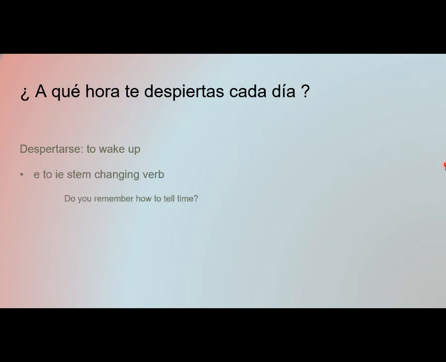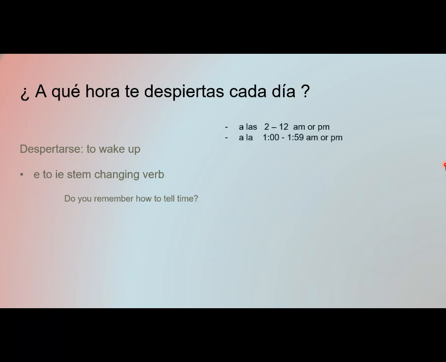Hopefully you're able to see that despertarse is a stem-changing verb. It is an E to IE stem-changing verb. Can you guys hear that spelling change in the verb? Te despiertas. All right, so the next part of this question that you need to be able to answer is telling time.